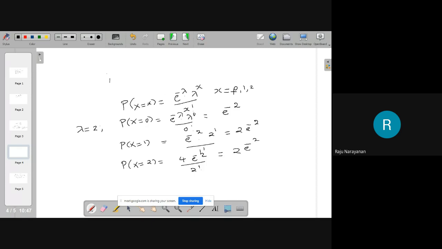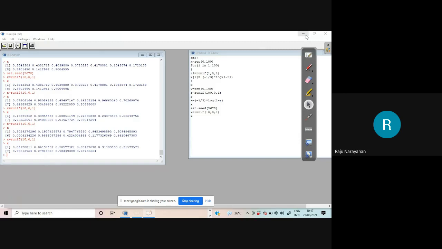Therefore, we can do that in R very quickly. I shall do it for some values. You can take x equal to 0 to 4, and p of x is equal to e raised to minus lambda into lambda raised to x by x factorial.